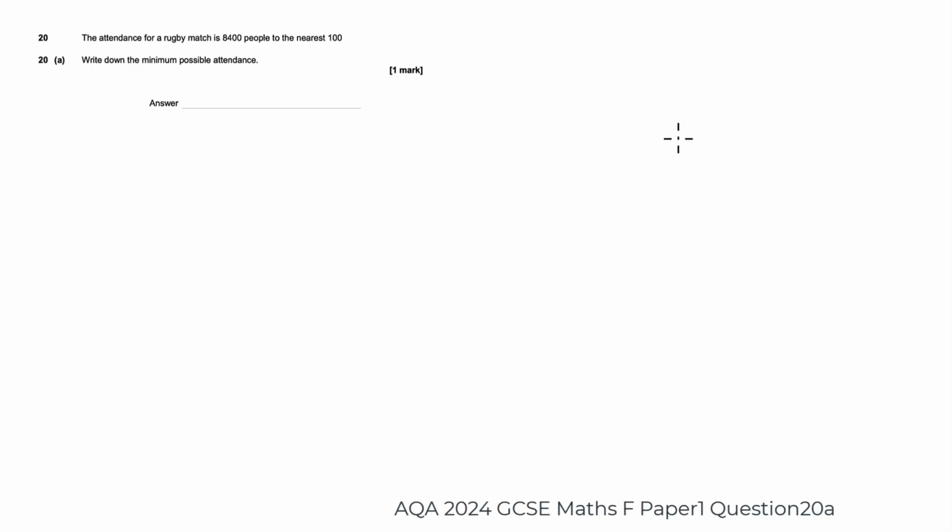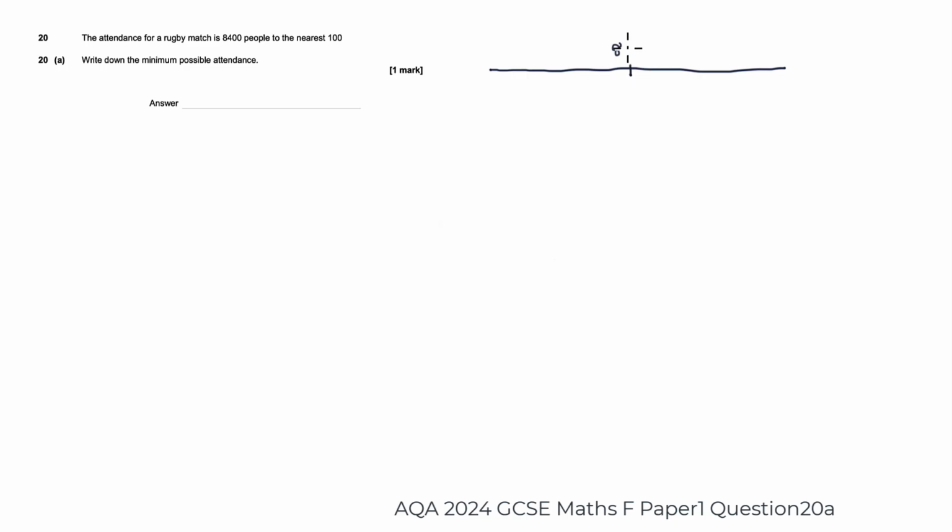Well, here we have question 20, and we're told that a rugby match had an audience of 8,400. It's the number of people that attended the rugby match. And we have to write down the minimum possible attendance if that was a figure that was rounded to the nearest 100. So let's think about a number line.